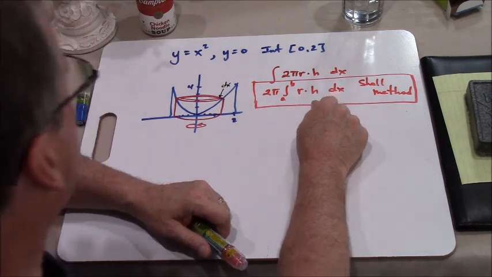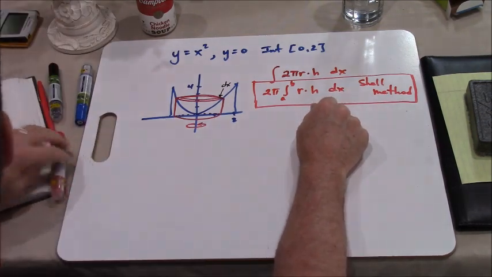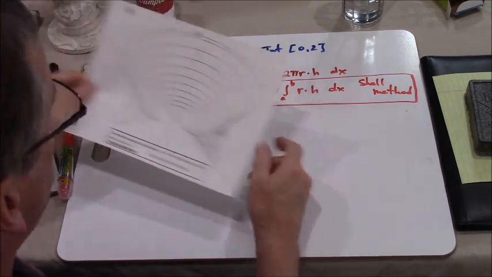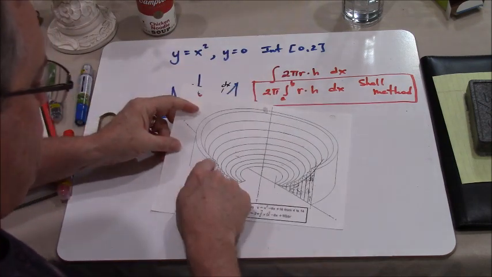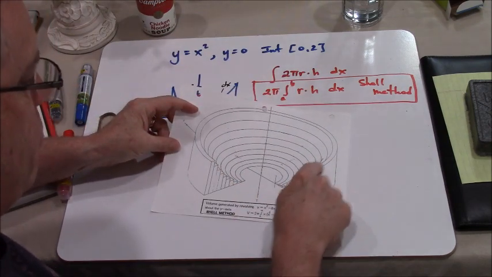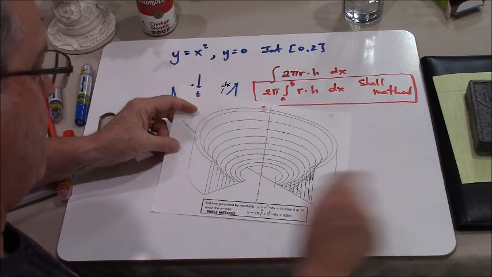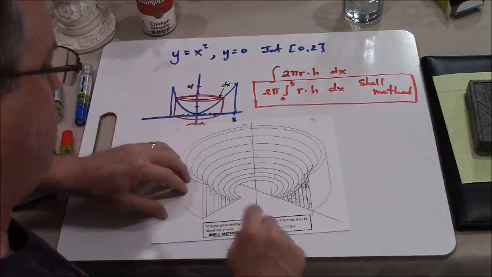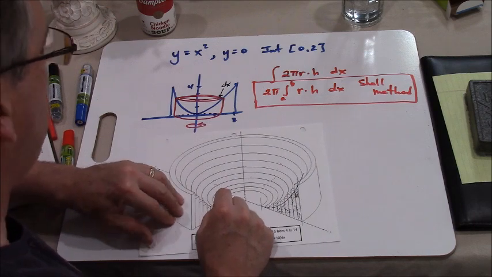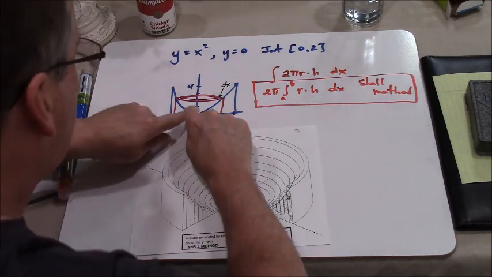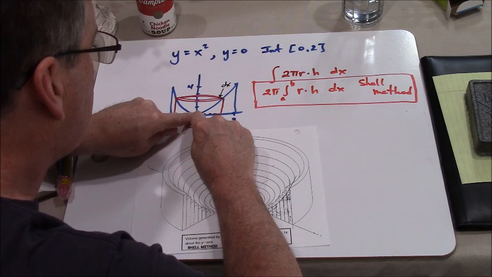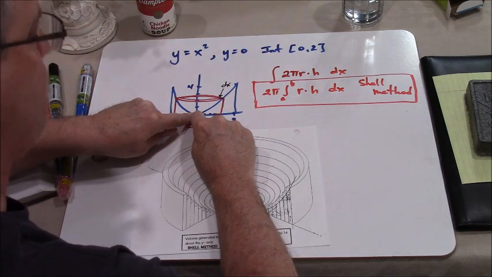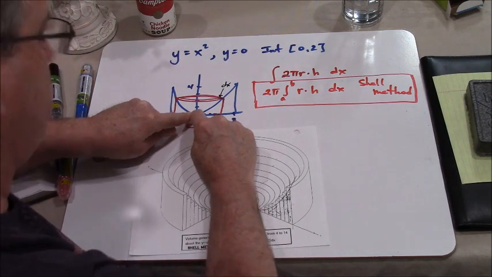So to get your a and b values, let's go back and look at this picture here. This almost looks like this could be a parabola that was rotated around. Actually it is, it's just a more complicated one. But what you want to think is, where's the smallest cylinder going to be? It's going to be right in here, as close to the origin as possible, or the smallest shell.